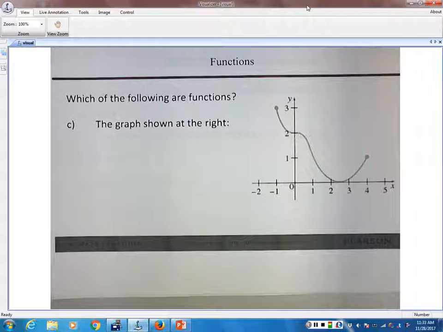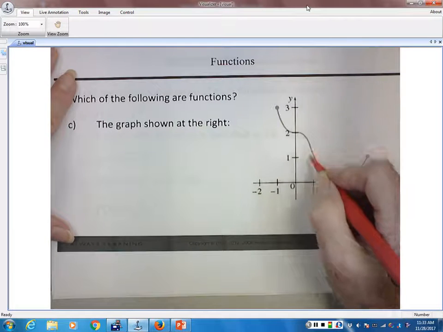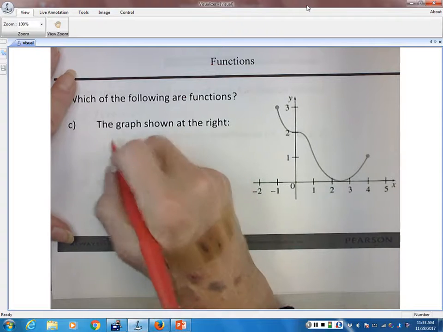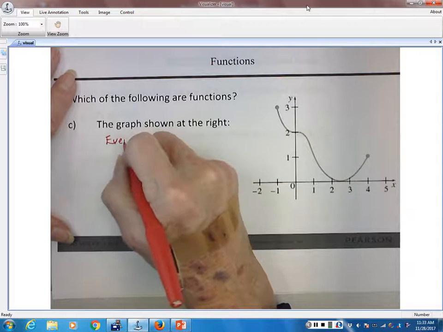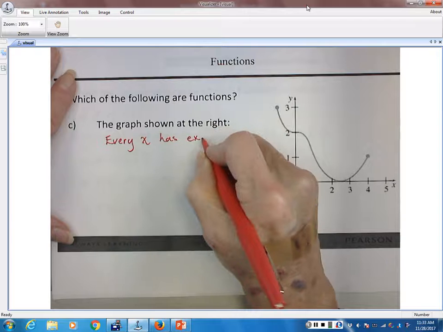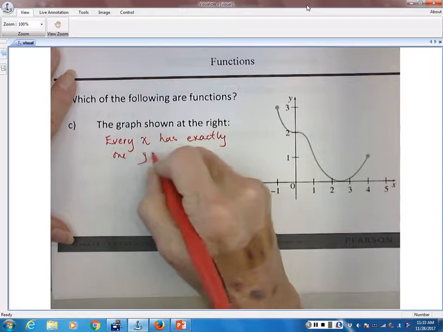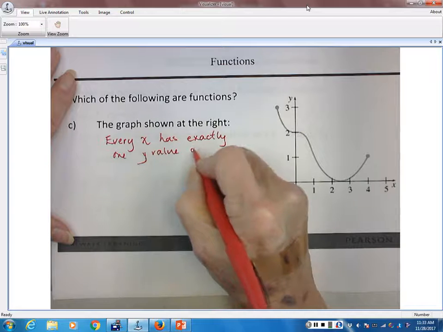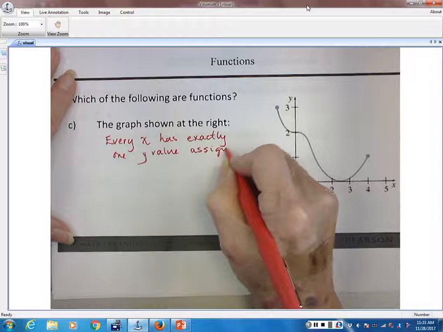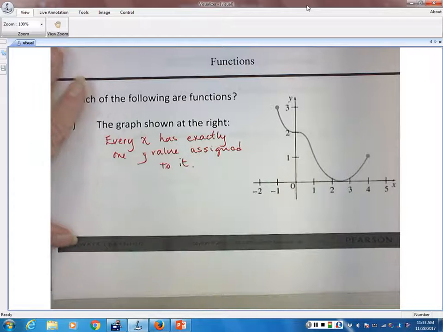Is this a function? Yes. Because as you move across this line for this function, every x has exactly one y. So that's why it is a function.